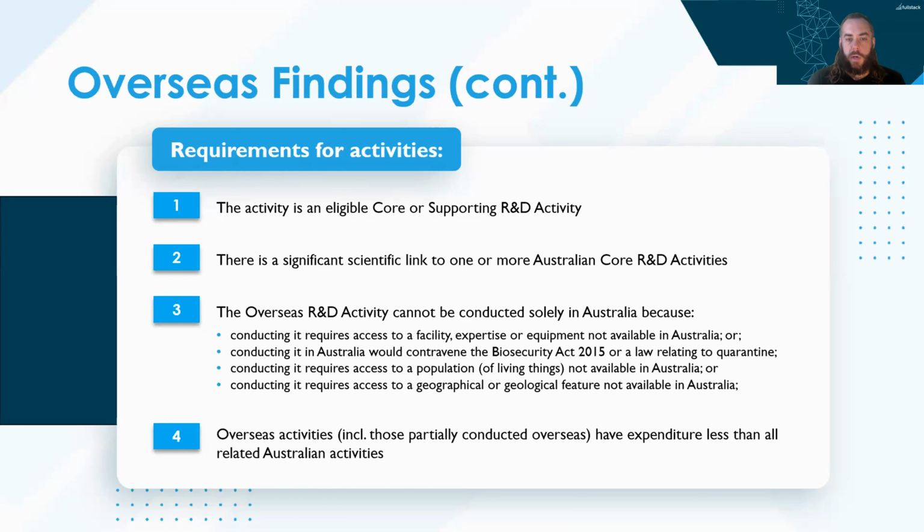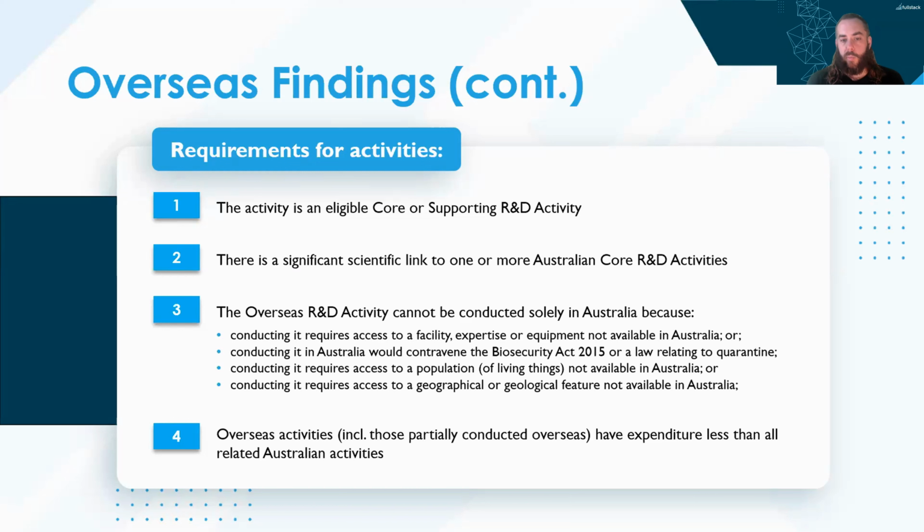Number 3, you need to demonstrate that the overseas activity could not have been conducted in Australia solely because conducting it would require access to a facility, expertise, or equipment not available in Australia. That's generally the main reason out of these 4 under requirement 3. There's also that conducting it in Australia would contravene the Biosecurity Act or other laws relating to quarantine.